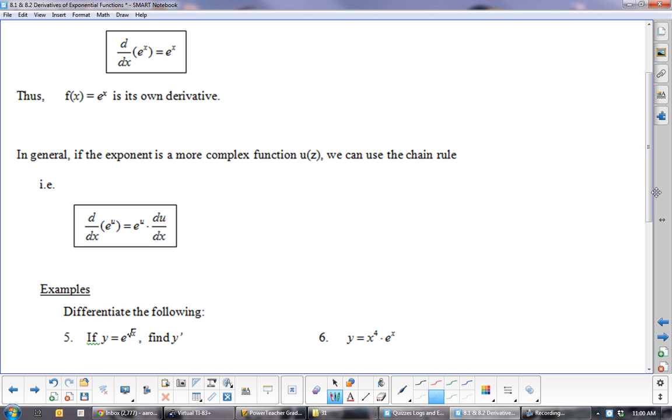So d over dx of e to the x is e to the x. So the y values of the original equal the slope of the new graph. Okay?